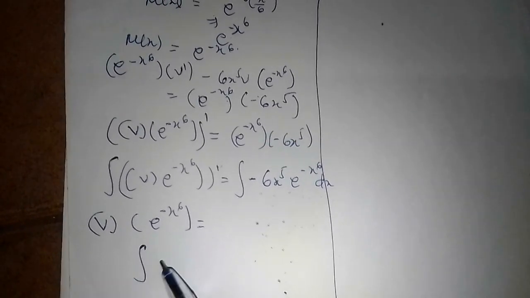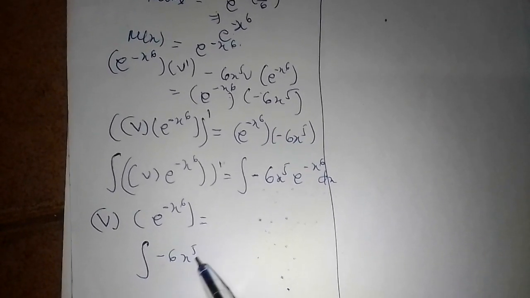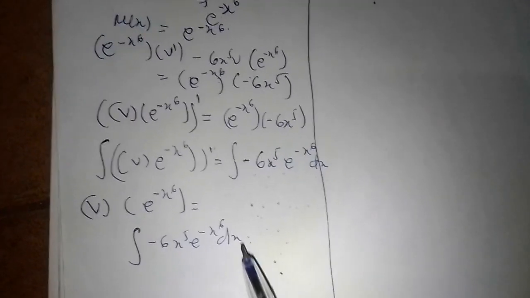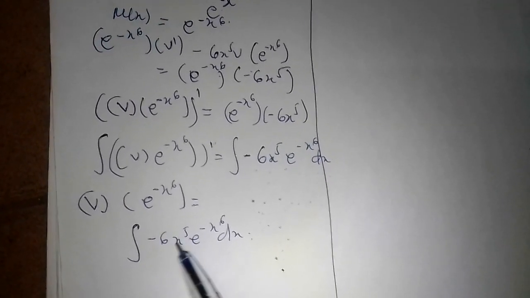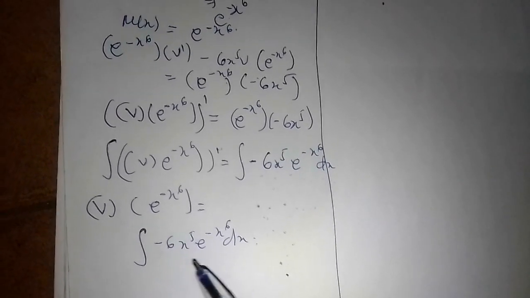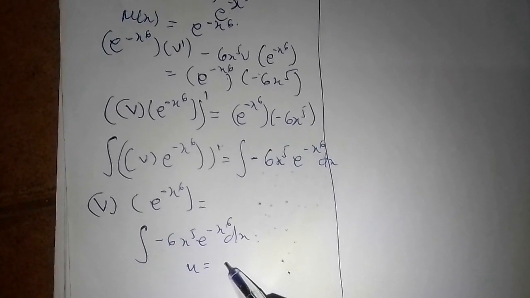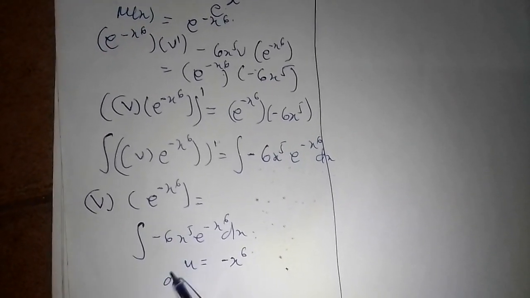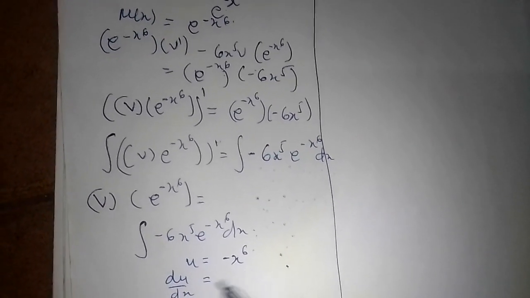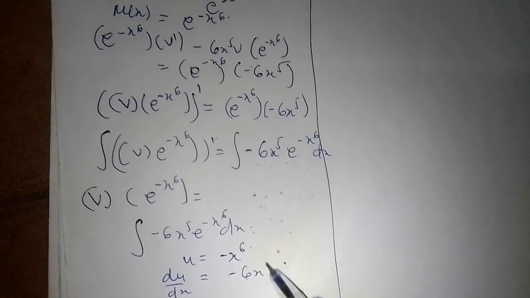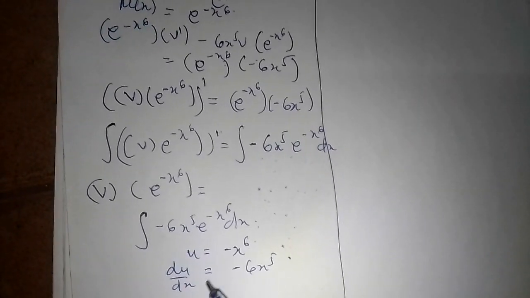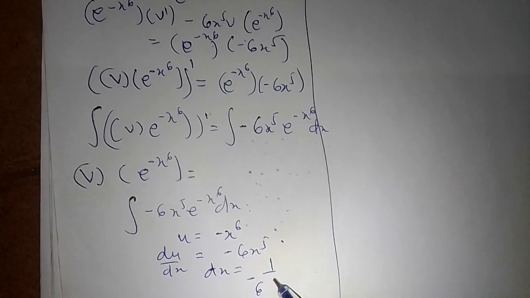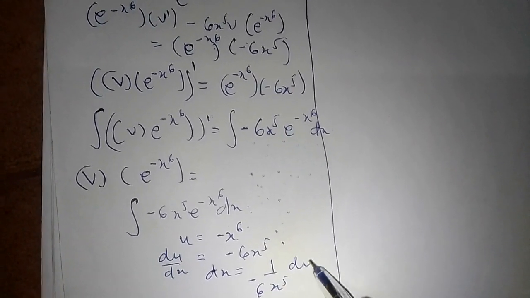So if you have the integral of negative 6x to the power 5 e to the power negative x to the power 6 dx, we can see that this whole term is a differential of this. Therefore, we make a u substitution, where u is equal to negative x to the power 6. So our du over dx is going to give us negative 6x to the power 5. Then we make dx the subject, so dx will simply be equal to 1 over negative 6x to the power 5 du.